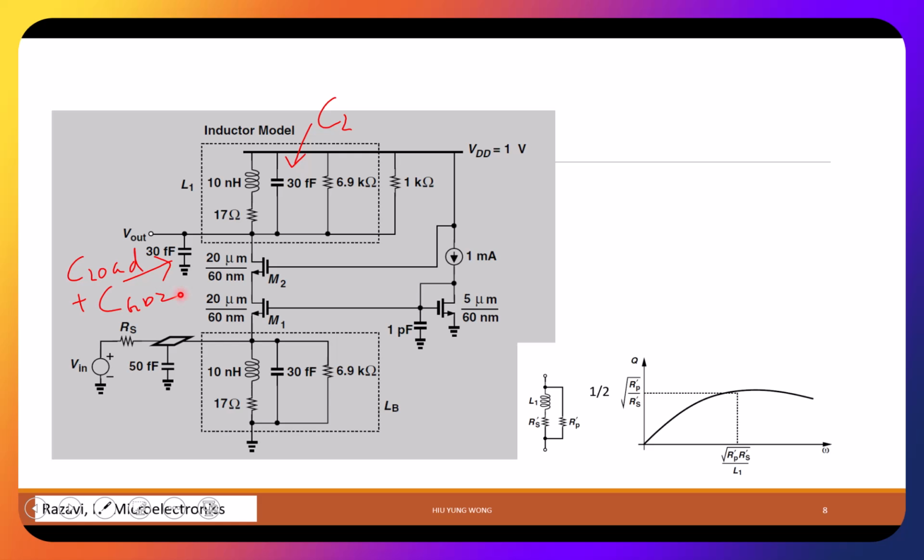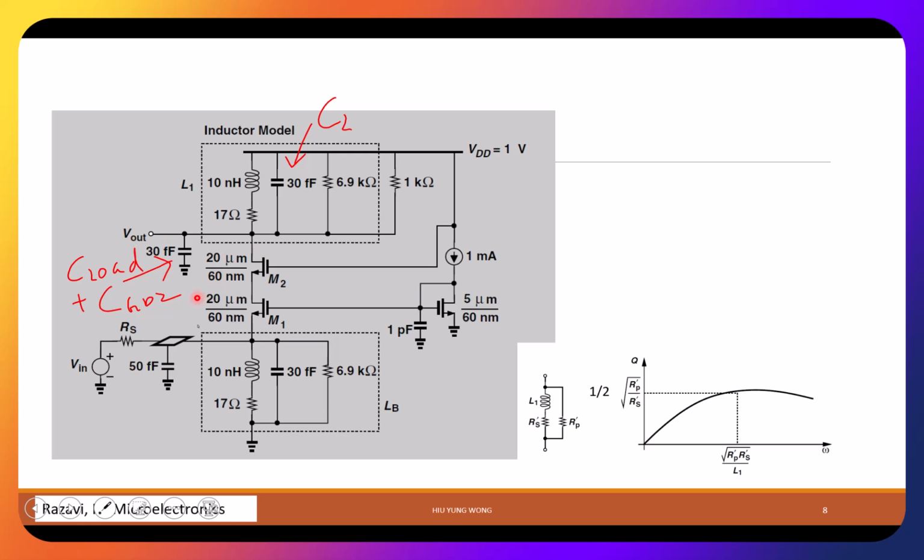Everything is a real one, because this is the output, which drives the next stage. Maybe I did not give you the context: this input is from the antenna if you're talking about a cell phone, and you have the low noise amplifier. Then the next stage, maybe you go to the mixer or whatever. So this is the output.